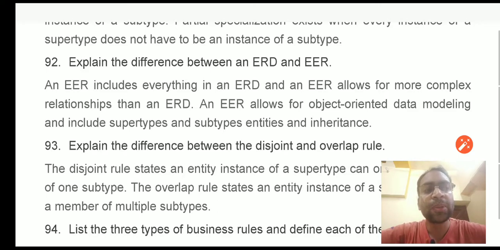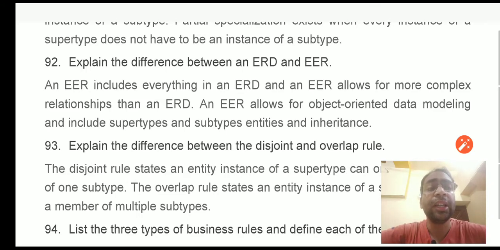The relationships can be further classified as aggregation, specialization, generalization. Whenever we display all these special relationships and complex relationships in the diagram, then the diagram is known as the extended ER diagram, that is EER. And EER allows for object-oriented data modeling and includes supertype and subtype entities and interfaces also.